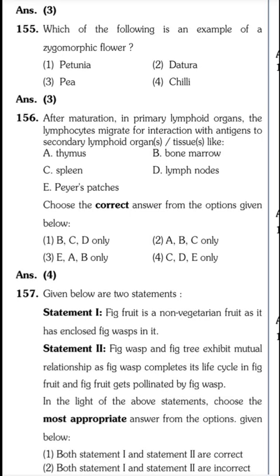Secondary lymphoid organs and tissues are spleen, lymph nodes, and Peyer's patches. These are the three organs where, after maturation in thymus and bone marrow, the lymphocytes migrate. So spleen, lymph node, and Peyer's patches. Fourth option is correct, C, D, E.